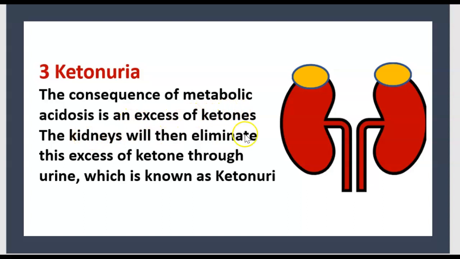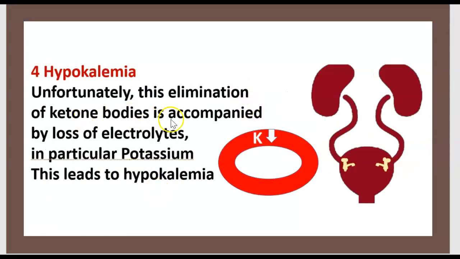The kidney will then eliminate this excess of ketone through urine, known as ketonuria. Elimination of ketone bodies is accompanied by loss of electrolytes, in particular potassium, and this leads to hypokalemia.